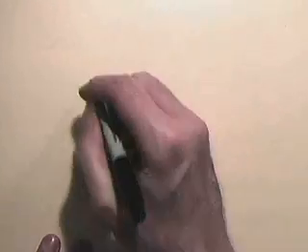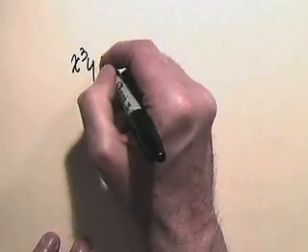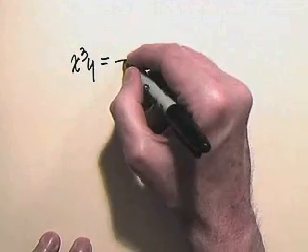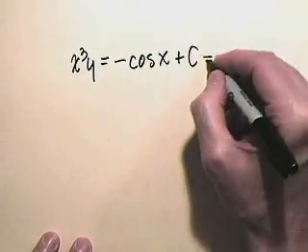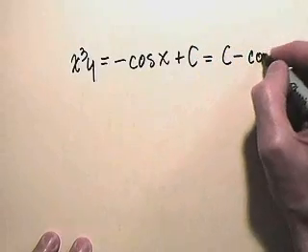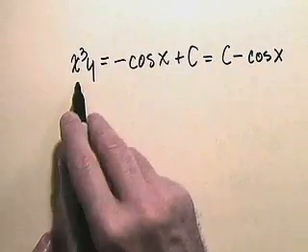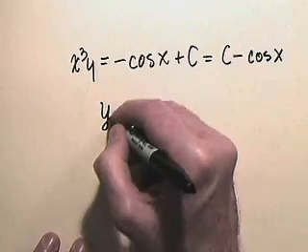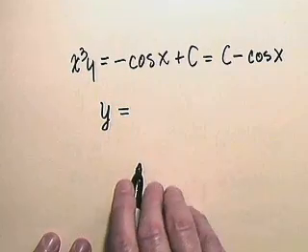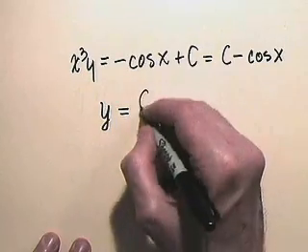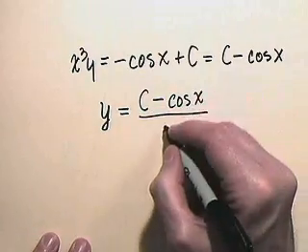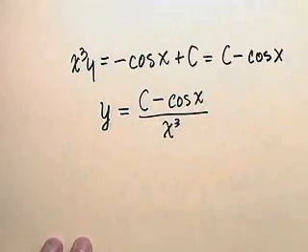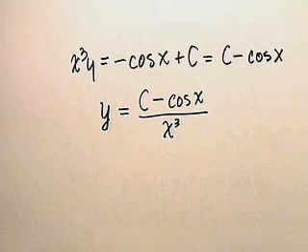We had simply x cubed y equals negative cosine x plus constant of integration, which I'll write as constant minus cosine x, and now to solve for y, we just divide both sides by x cubed, and we get y equals c minus cosine x, all divided by x cubed, where c, of course, is our constant of integration.